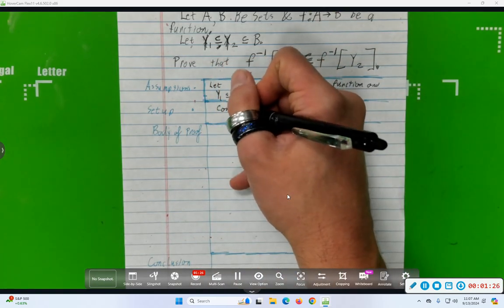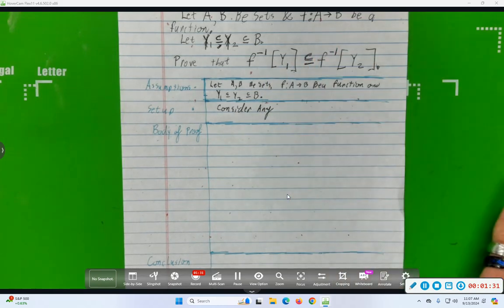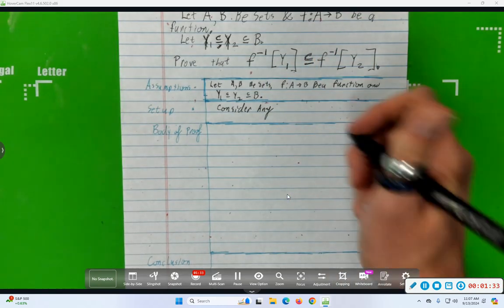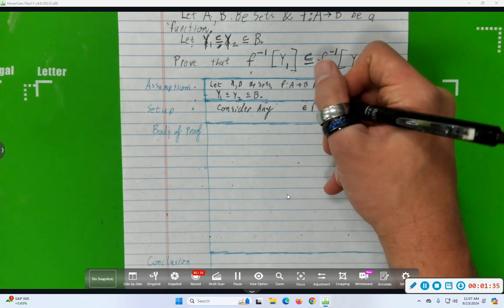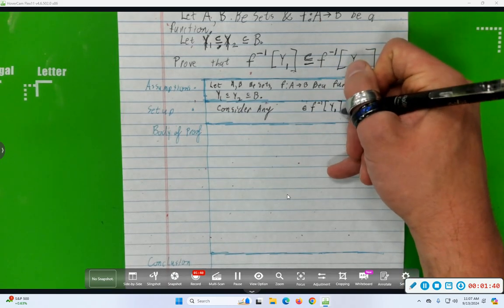let's consider any element of y1, any element of f inverse of y1, sorry. What name should I give this something?